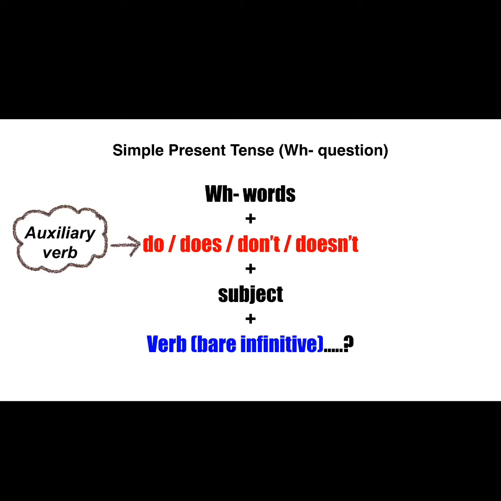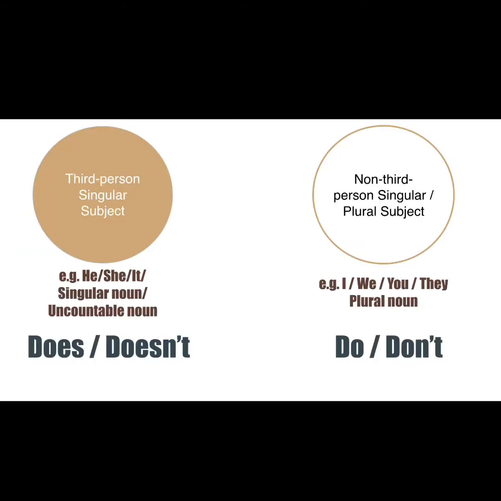Then, how can we decide when to use do, does, don't, or doesn't in the WH question in simple present tense? Same as the positive or negative statements, to decide whether we should use do or does, don't or doesn't, it depends on which type of subject the sentence has.